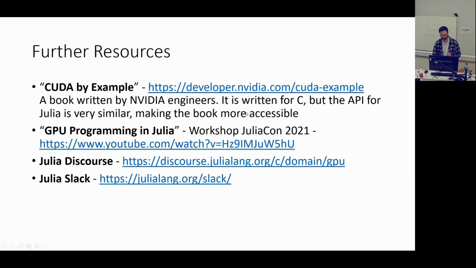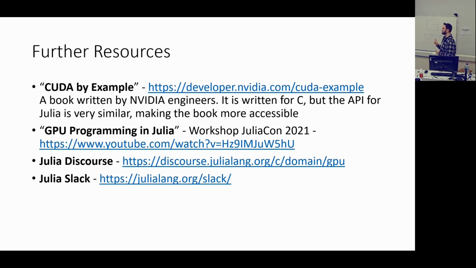Okay, so I'll leave it there for the actual examples themselves. As I said, this is a huge topic, and there are quite a lot of resources online. So NVIDIA has a book called CUDA by Example, which is just lots and lots of code examples on practical problems of how to write these kernels. And it will introduce you to a lot of the concepts like the shared memory and more that we haven't actually spoken about today.